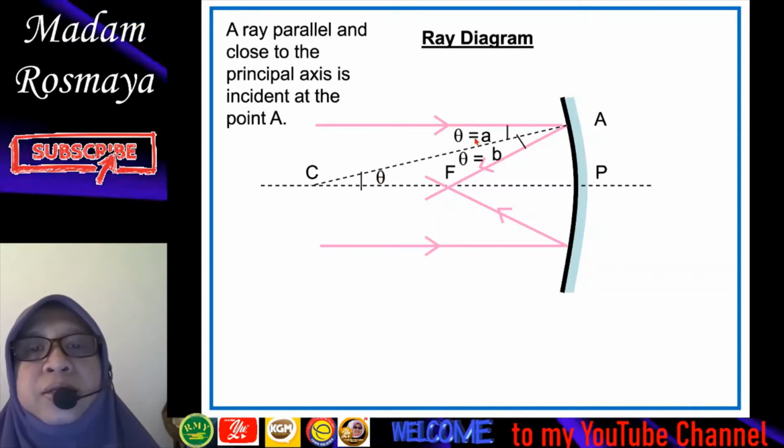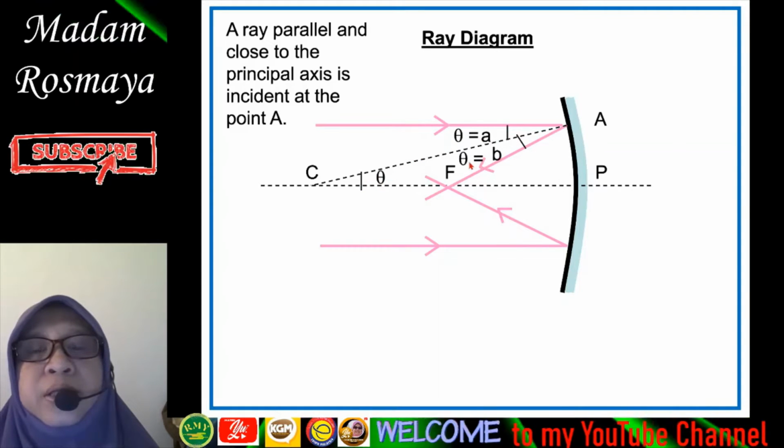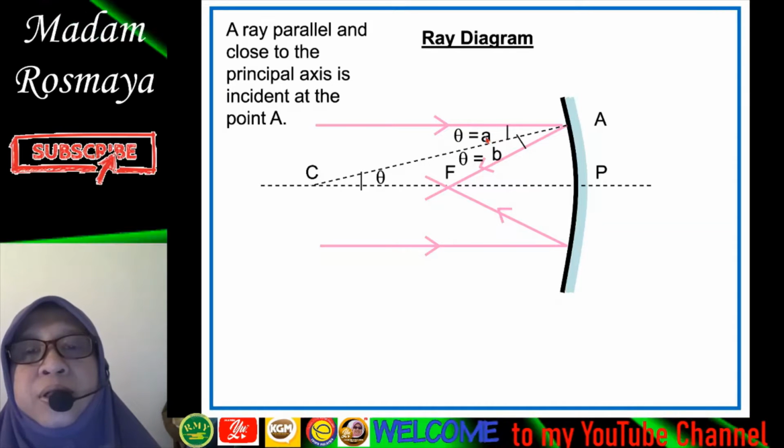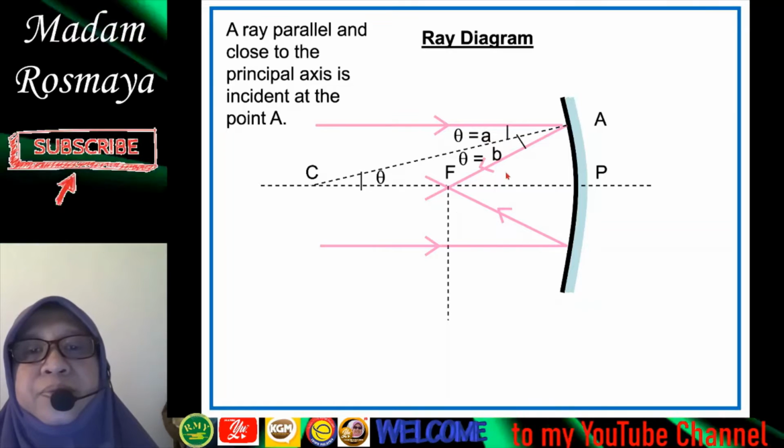A equals theta because this is an alternate angle, and B is also theta because of the reflection rule: the incident angle equals the reflection angle.